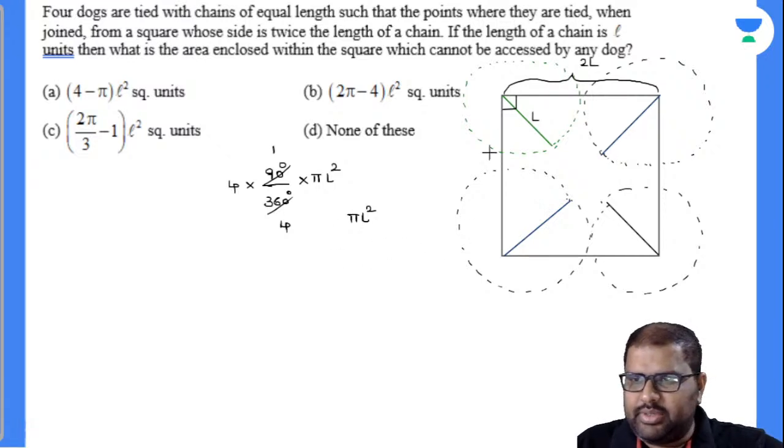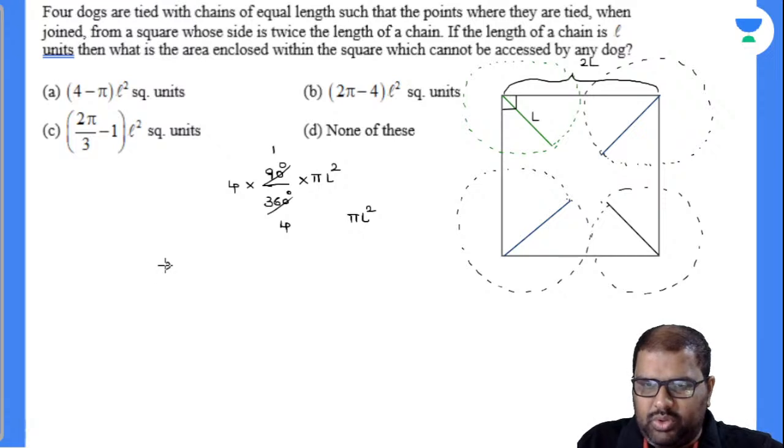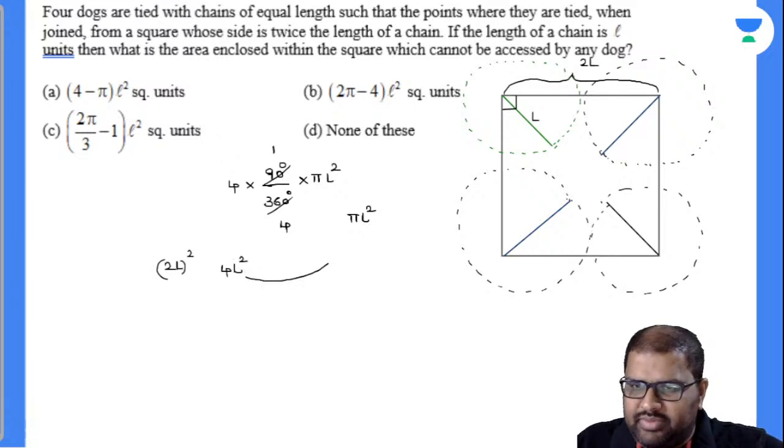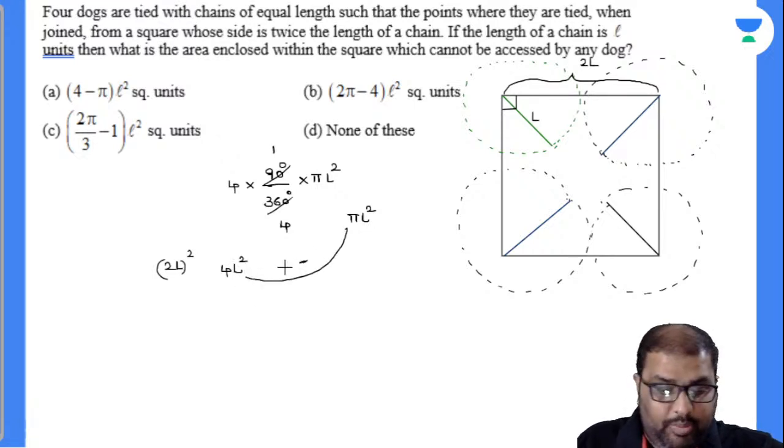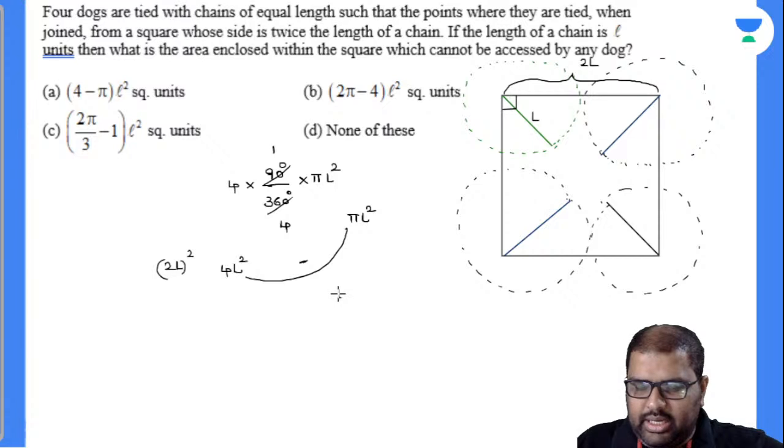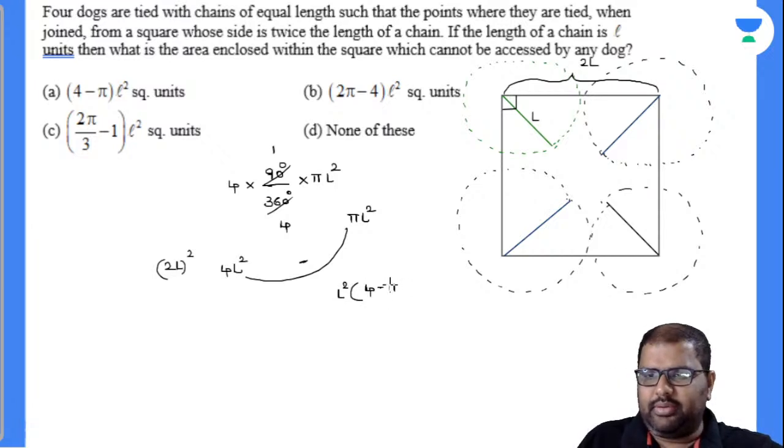And the area of the square is 2L whole square, which is 4L square. Subtracting, this will be the area which cannot be accessed by the dogs. I can take L square as common.